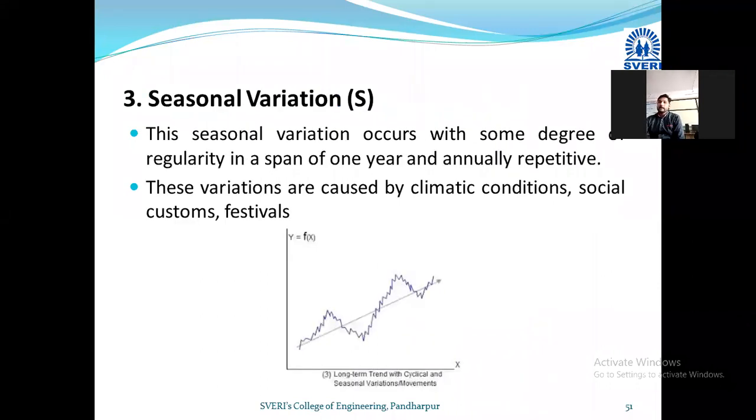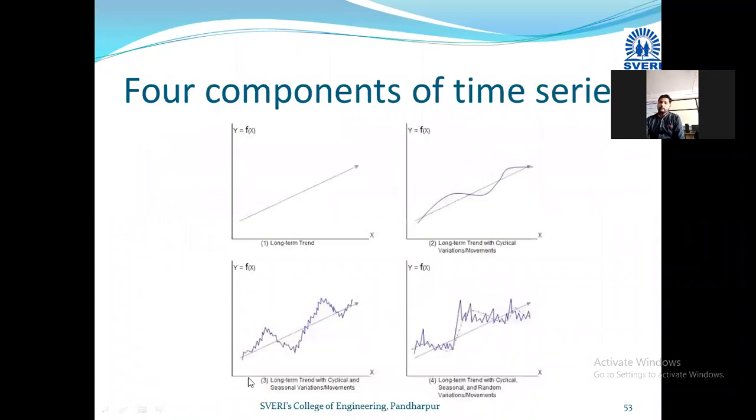So in this fashion, the last point shows the long time frame. Less than that, we have cyclic variations. Then the small seasonal variation within the cyclic variation, and this shows the irregular variation.